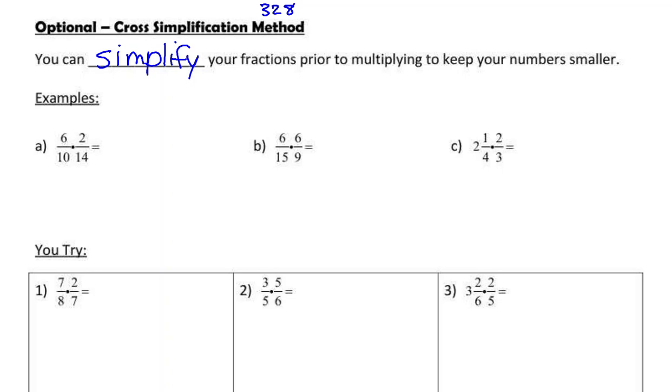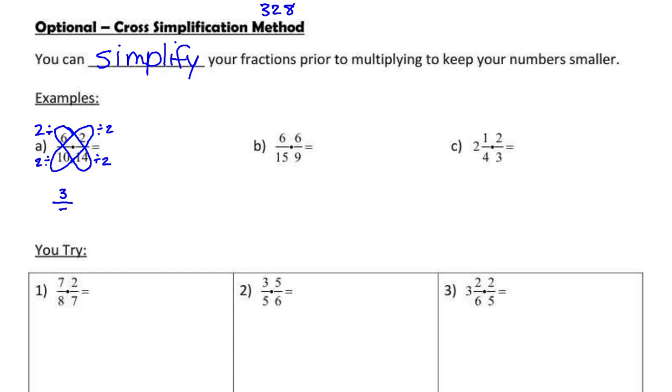So if we look at the example 6 and 14, both of those are even numbers. So I know I can divide them both by 2. And then I can do the same thing with 10 and 2. They are both even numbers. So I can divide them both by 2. So if I do 6 divided by 2, I get 3. 10 divided by 2 is 5.